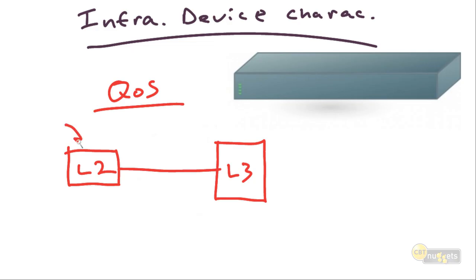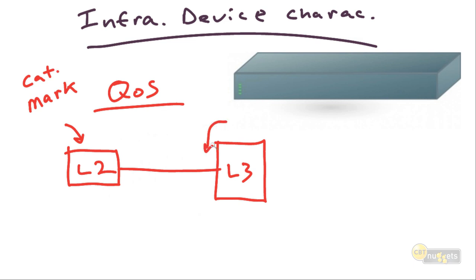At the layer 2 device, we might discover that, yeah, okay, good news, we can go ahead and mark traffic. We can categorize traffic and we can mark traffic there at layer 2, but we can really do little else with the traffic.